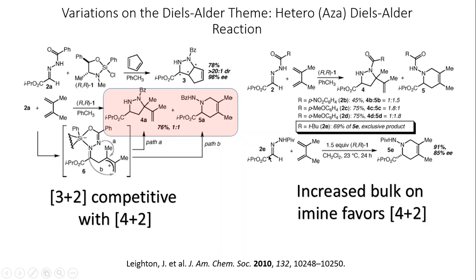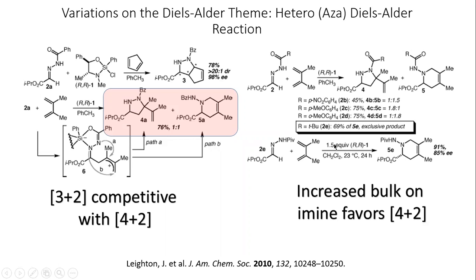So here, these are the optimized conditions. They do this in dichloromethane, room temperature, overnight, 1.5 equivalents of your catalyst. And so let me take that back. Let me not say catalyst. It's a promoter. It's not a catalyst. If it was a catalyst, then it would be less than one.